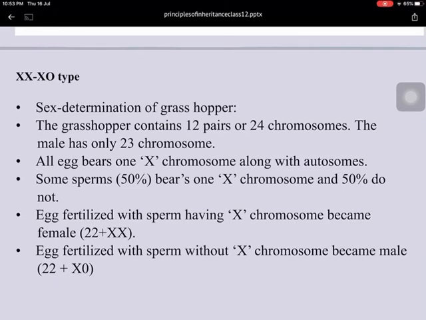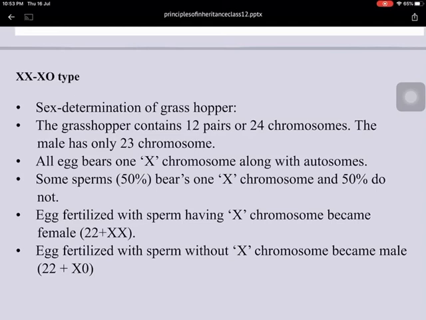For example, grasshopper: 12 pairs of chromosomes are present in the female grasshopper, and the male has only 23 chromosomes. So what does it mean? 23 means only one chromosome is absent. So all eggs bear one X chromosome along with the autosomes.